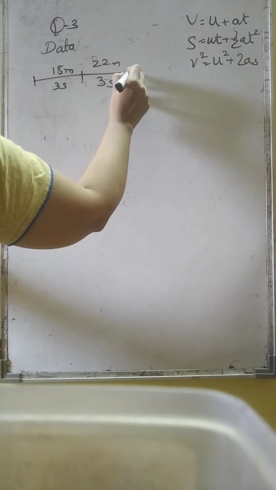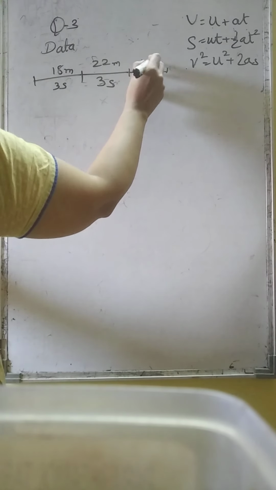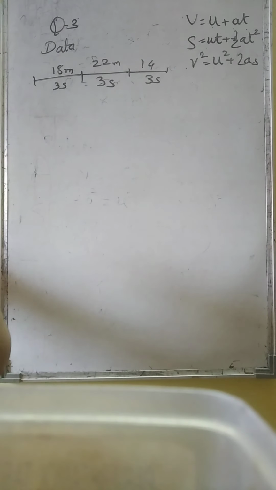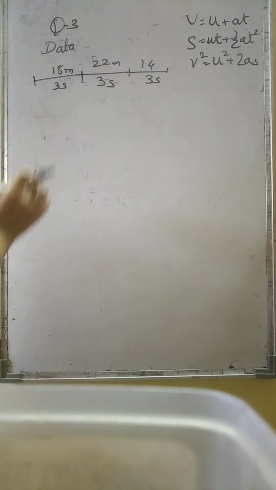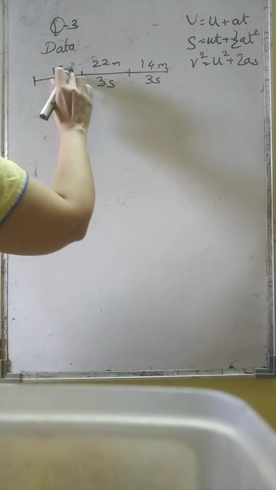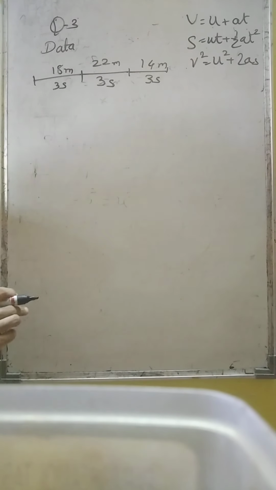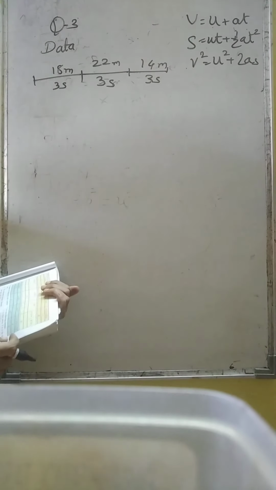And then in the next 3 seconds it moved 14 meters. Right? And you are asked to find the average speed. After every 3 seconds I made an observation: first 3 seconds 18 meters, then next 3 seconds 22 meters, then next 3 seconds 14 meters. So what is the average speed?